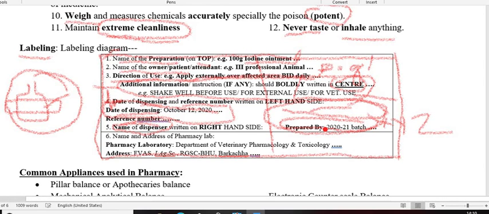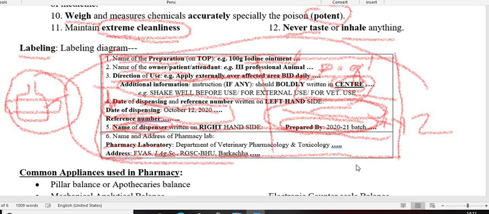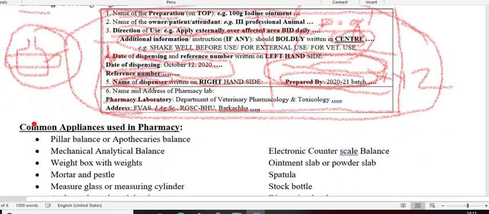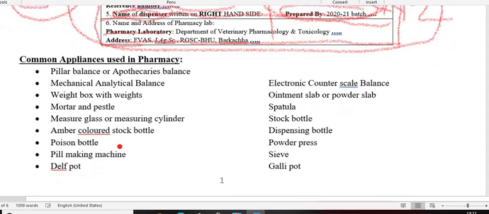So left side date and reference number, right side prepared by, and then you draw a line, and beneath this line you write the details about the lab and address. So this is all about the labeling diagram that has to be pasted over the container.